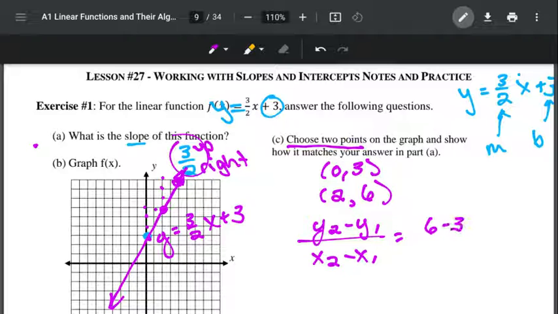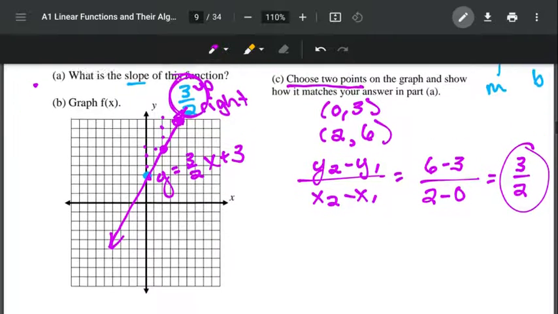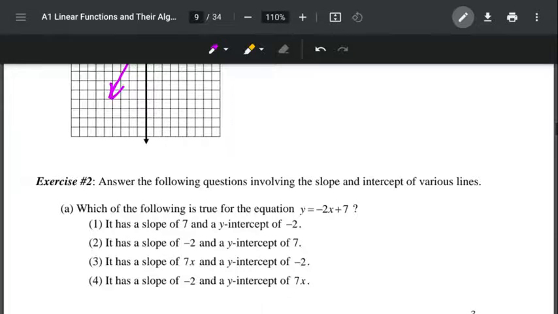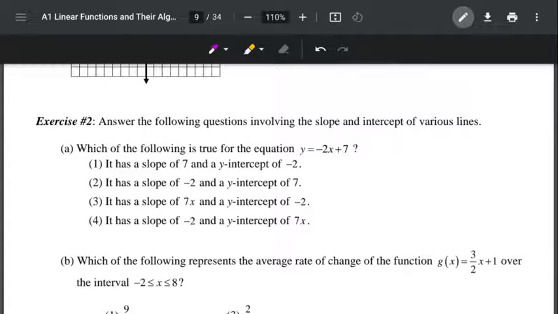And I get 3 over 2, which is the same answer that we got in part A. You can use the slope formula, but it's way quicker to just look at the equation. This is a great Regents kind of question.